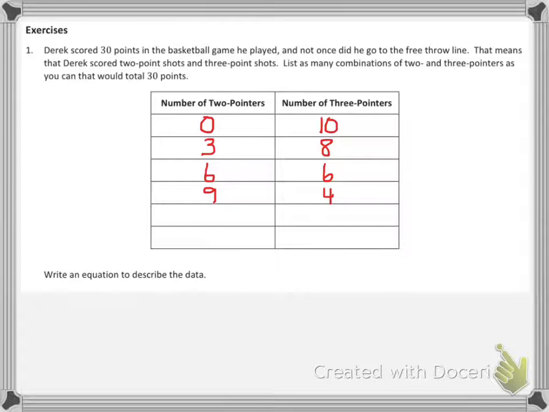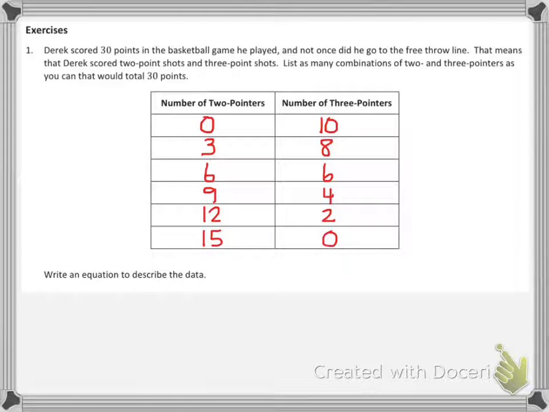That would work. Let's see, we could make 12 2-pointers. That's 24. That leaves 6, and that's a possible 2 3-pointers. That's another possibility. And then the last possibility would be 15 2-point shots and 0 3-point shots. So that's all the ways that we can make that happen.